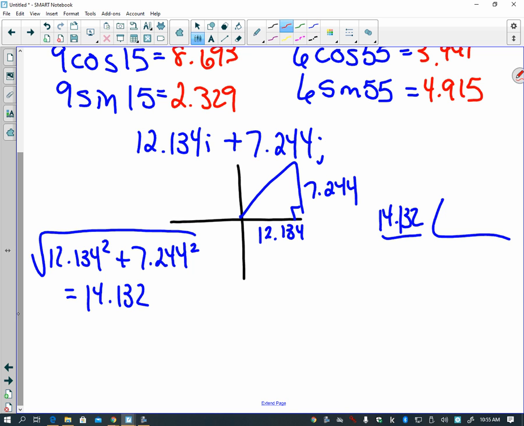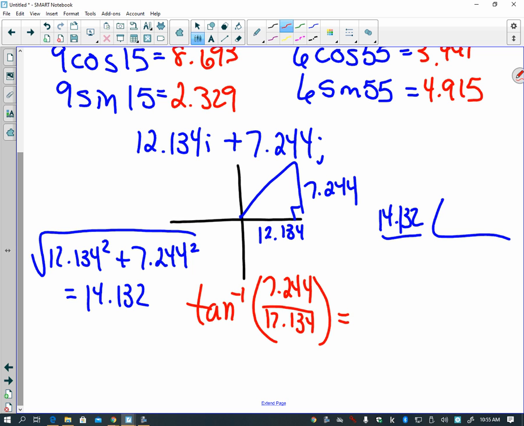Last step, how do I find the reference angle? Inverse tangent. Tangent, opposite over adjacent, right? What is opposite in this case? 7.244. Another way to think of it is tangent is y over x, 12.134.